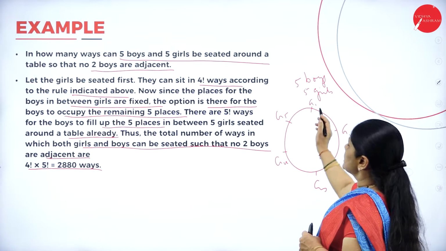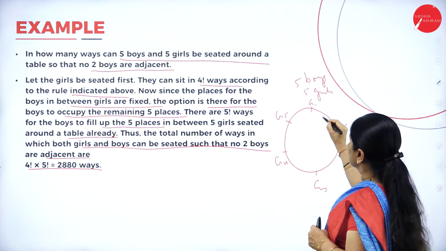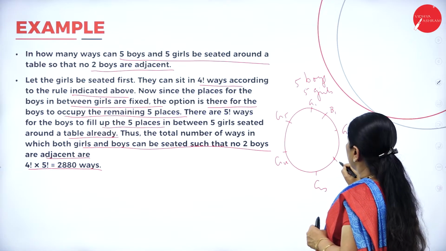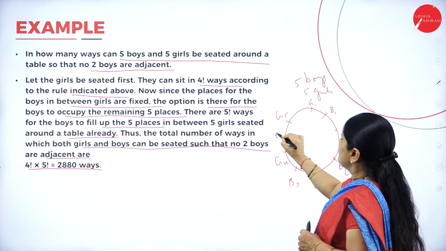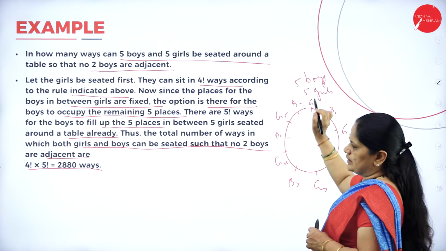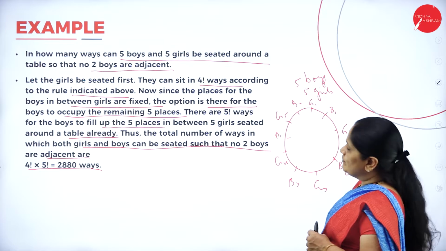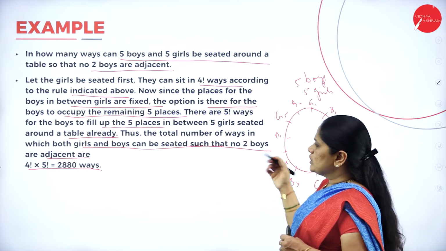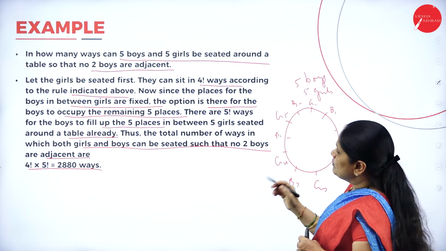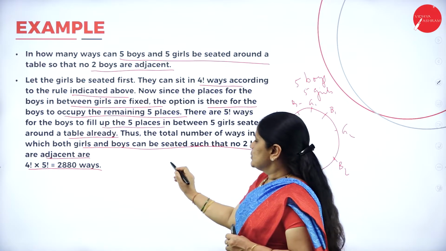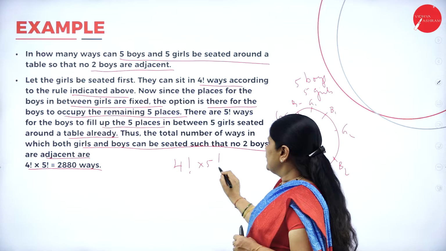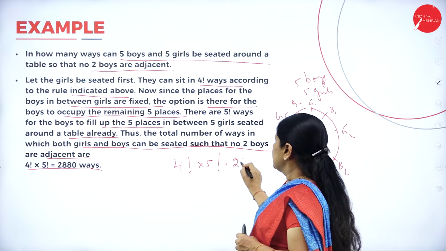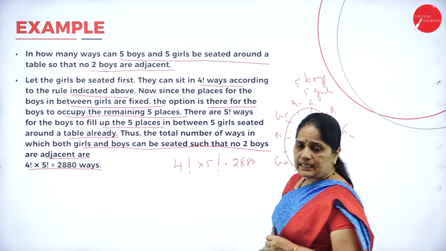Now, since the places for boys are in between the girls, I will make boy 1, boy 2, boy 3, boy 4, boy 5. So, they can sit in 5 factorial ways. So, the total number of ways in which both boys and girls can be seated will be 4 factorial into 5 factorial, that is 2880 ways.